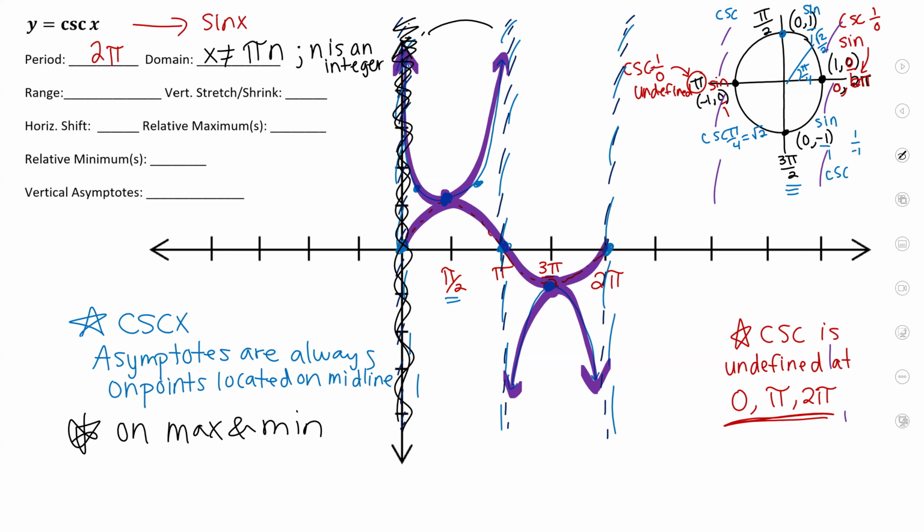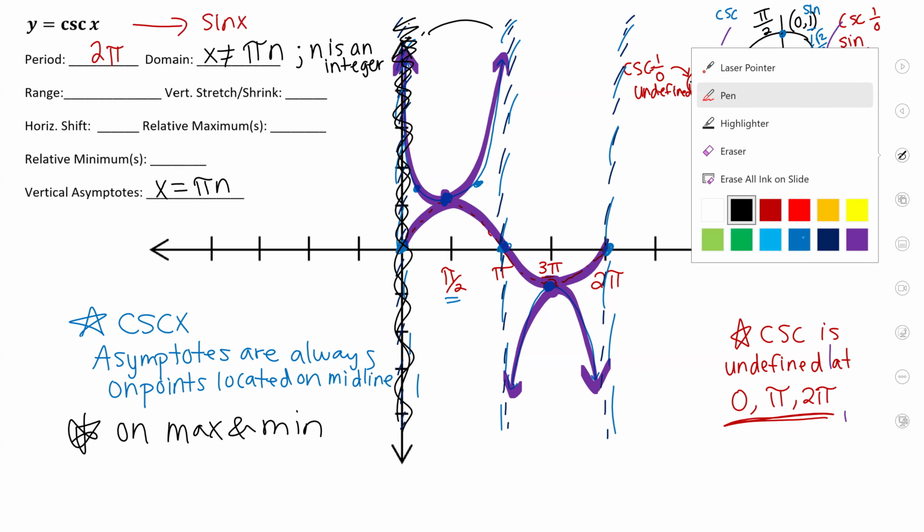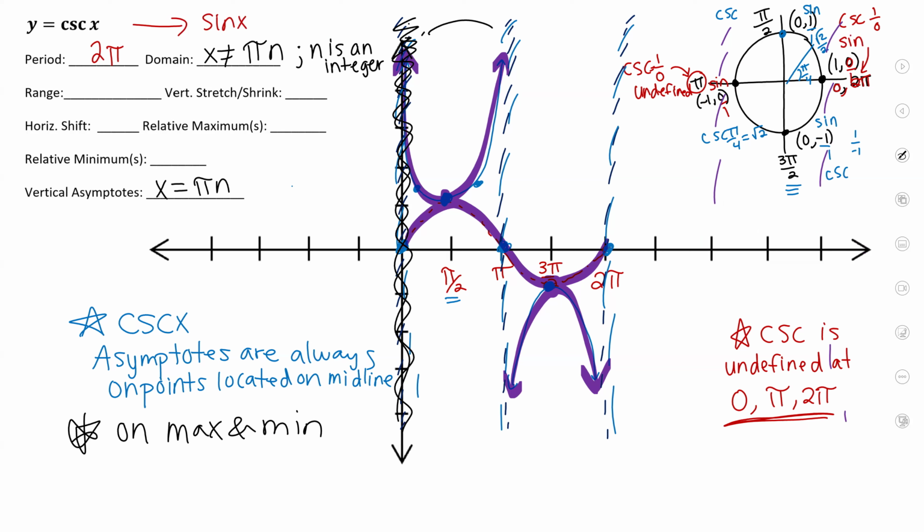Your vertical asymptote will be the exact same equation, except it'll have an equal sign. So let's test this. I'm just going to plug in a number for an integer. Okay, so if you plug in a 4, pi times 4 is 4 pi. And if you continue this pattern, this is 3 pi.